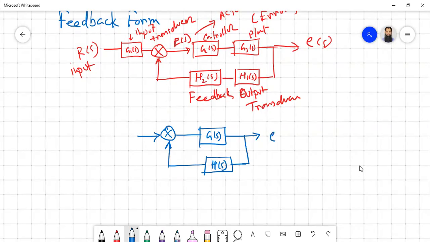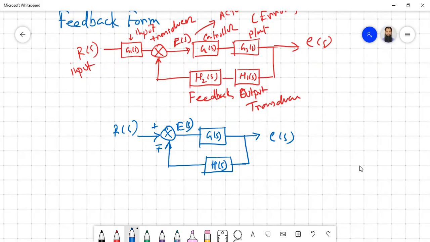So CS, and then you have your RS, also the error signal. The feedback can be negative or positive. Now what will be, from this block diagram, your error signal, given that this is always positive?